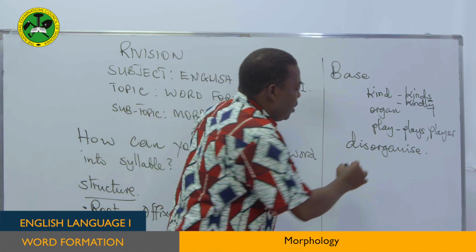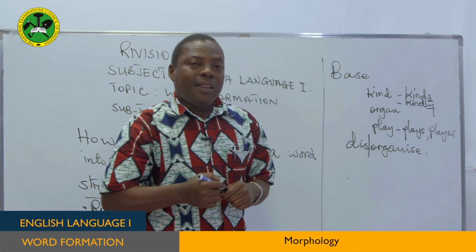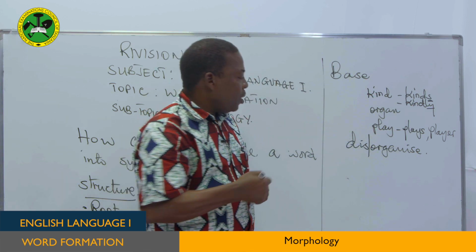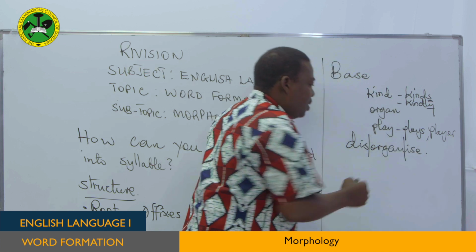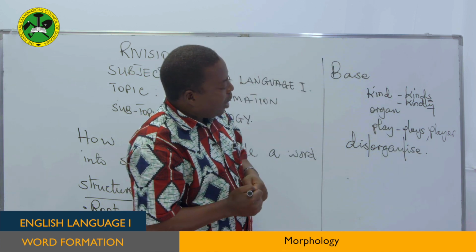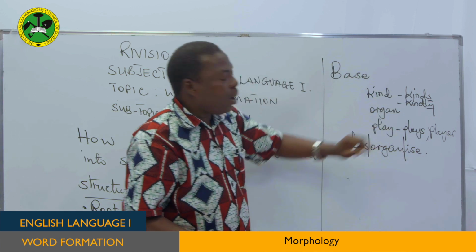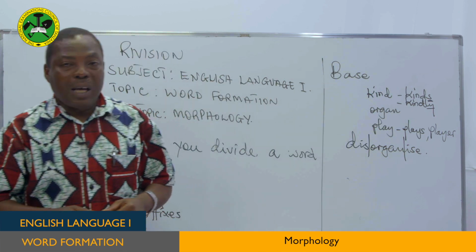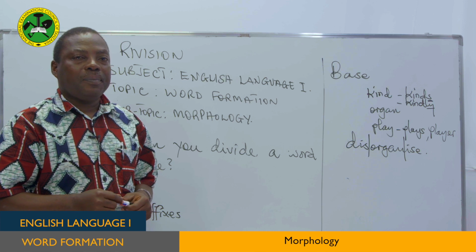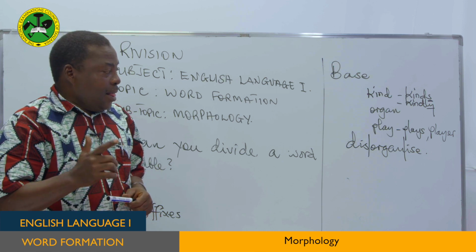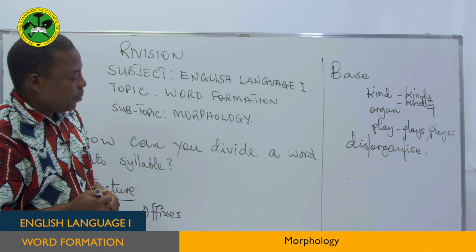Here, we'll take off the first element, dis, we'll as well take off the last element, and we'll remain with the former one, like the previous, as we have discussed. That is a base.